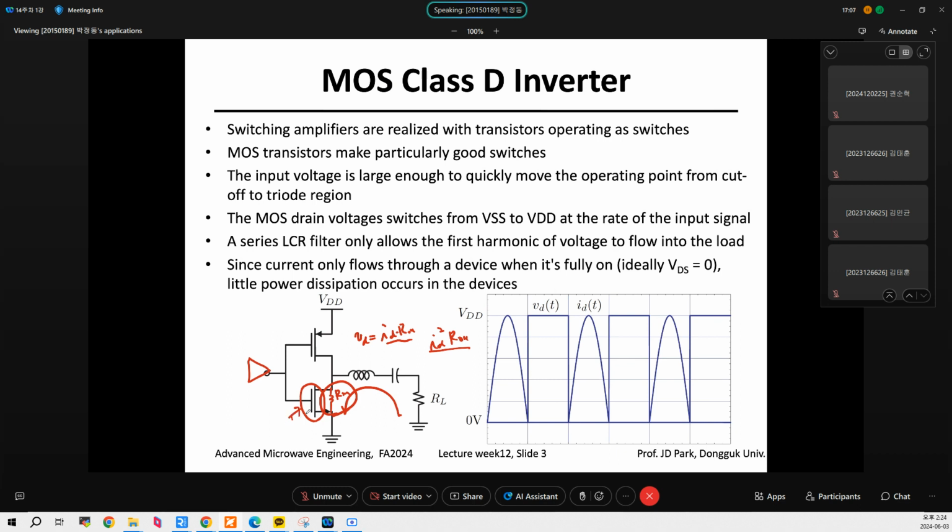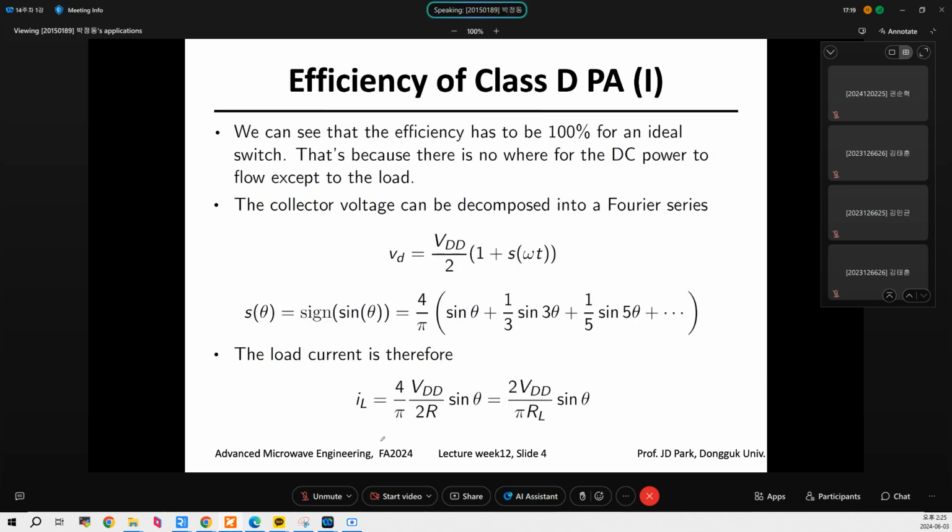But also, as can be seen over here, the inductor itself is quite lossy, so it also consumes power. Okay. So let's take a look at the efficiency of the power amplifier. As we can see, the efficiency is 100% for an ideal switch, because ID multiplied by VD is always 0 because of no overlap region.